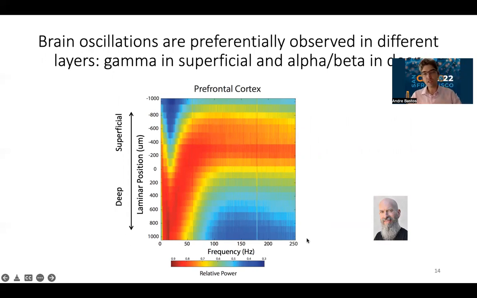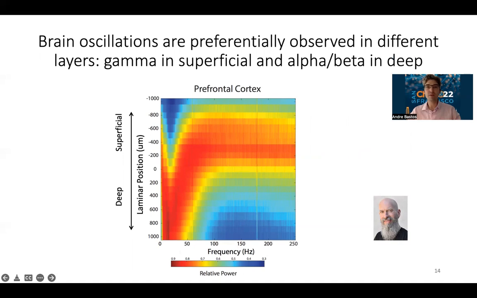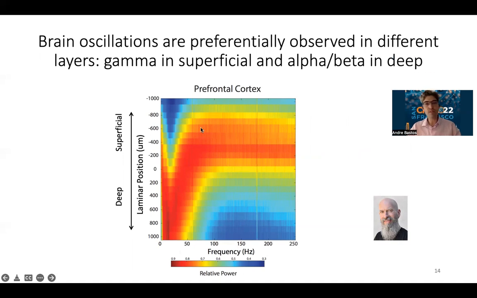And frequency is on the x-axis, and the color corresponds to the relative power of each frequency, which layer had the most relative power. So this really jumped out at us when I first started doing these laminar recordings. And what we noticed was that there was a preponderance for gamma in the superficial layers and a preponderance of alpha beta in the deep layers.